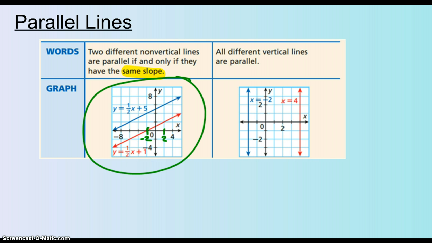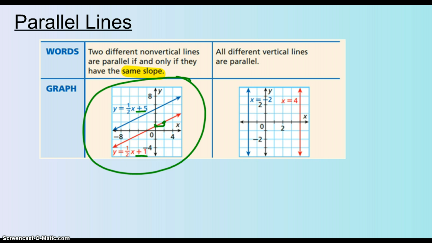Alright, so if I look at the red equation, if I go up 1, that's my y-intercept, and then from there I would go over 2, up 1, and I would get this point.